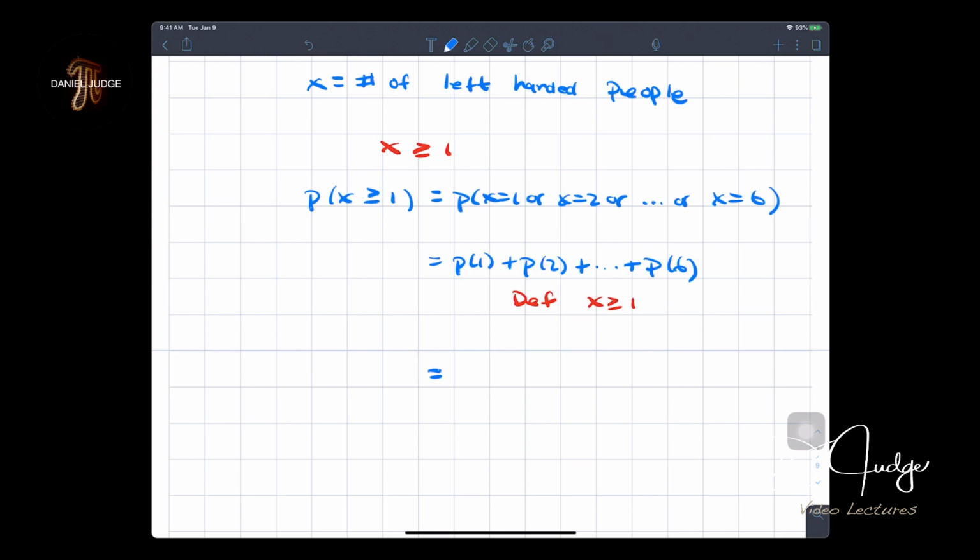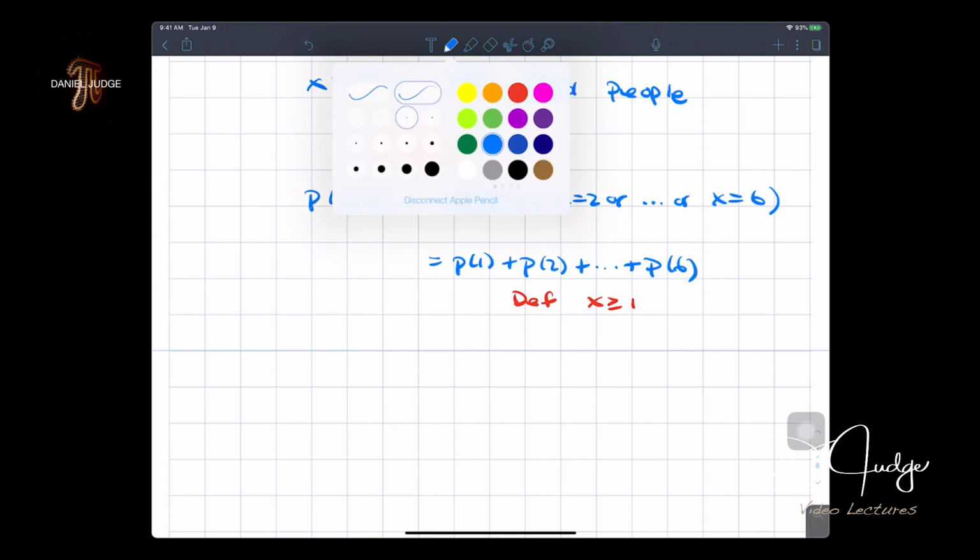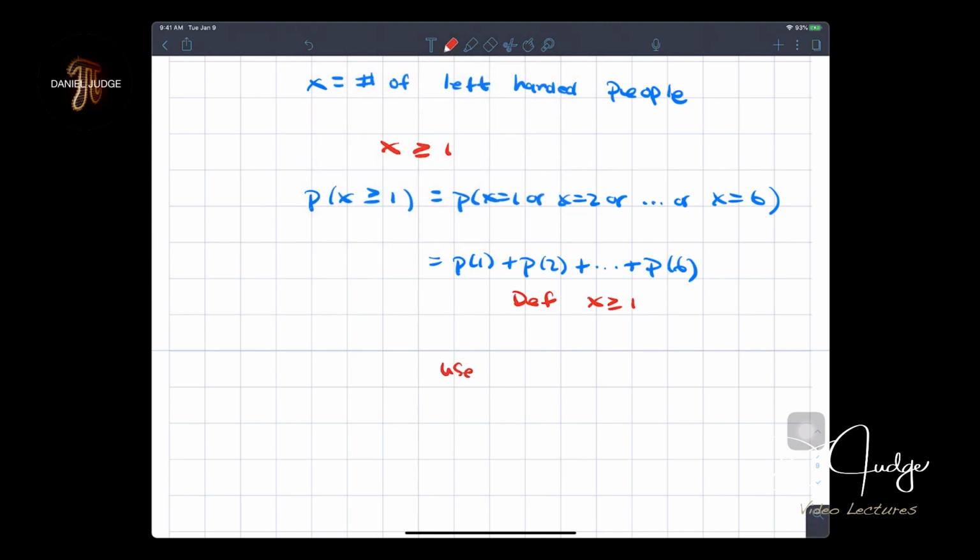I'm going to have to use the binomial probability formula for every one of these. Use the binomial probability formula for every single one of these probabilities. P of 1, P of 2, P of 3, P of 4, P of 5, and P of 6.